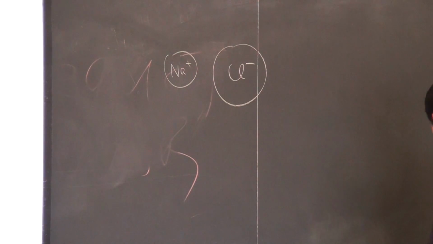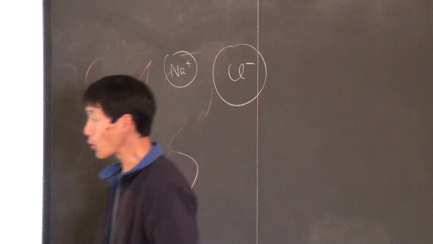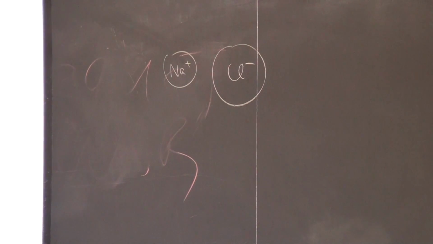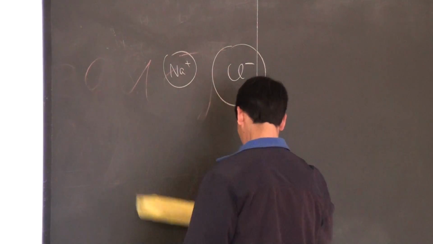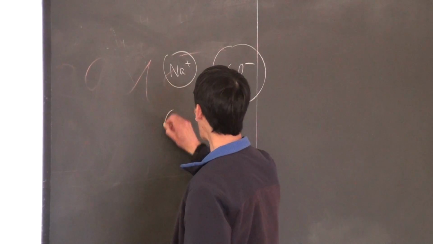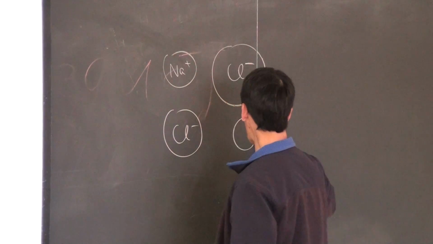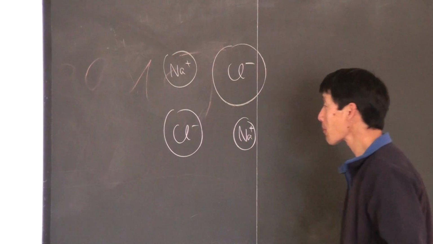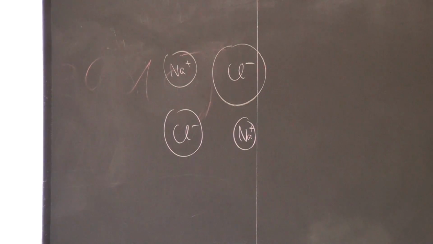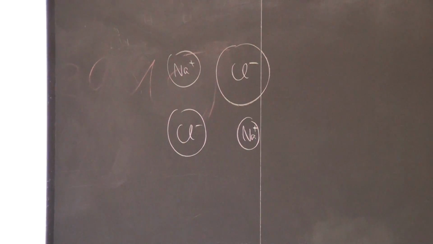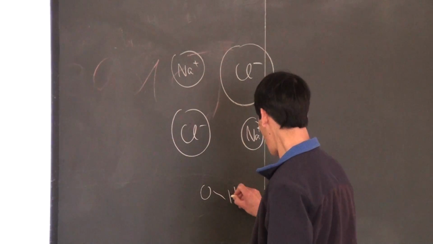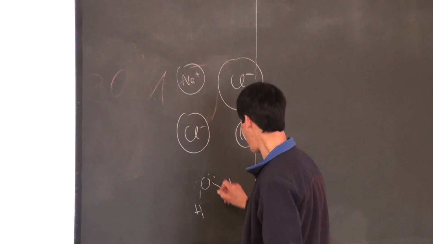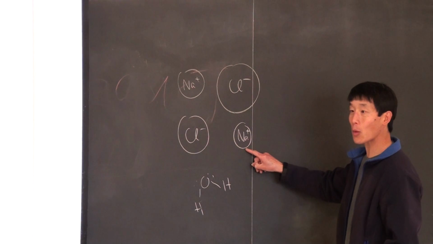Okay, I'm going to draw a few more of these ions in this little picture. So here's another chloride ion. Here's a sodium ion. Hydration energy is the energy released when a water molecule hydrates an ion. So here's our water molecule, and this would be our sodium chloride solid.